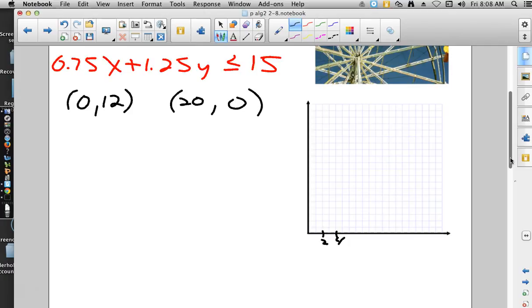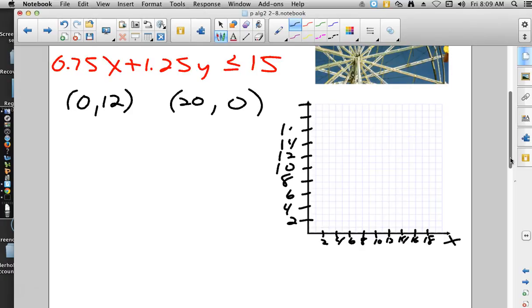Again, I'm not going to label with 1s. 6, 8, 10, 12. All right. We have 2 points to start, 0, 12, and 20, 0.